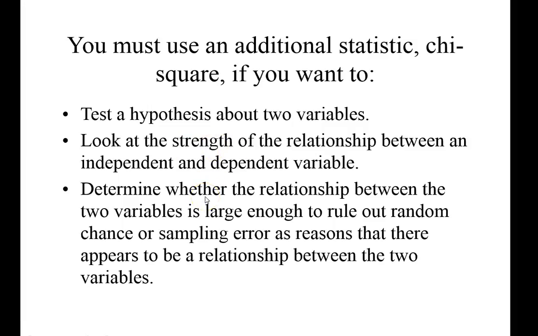We're going to determine whether the relationship between the two variables is large enough to rule out random chance or sampling error. Remember what we talked about, our sampling error? We want to make sure the outcome is due to the relationship between those two variables, and not due to some other reason besides those two variables acting upon each other.